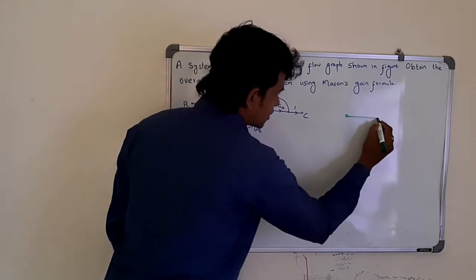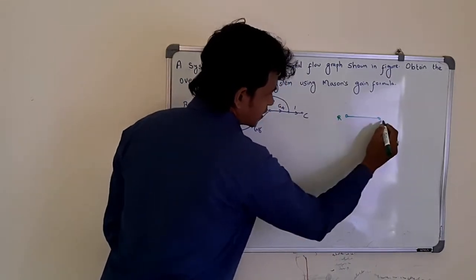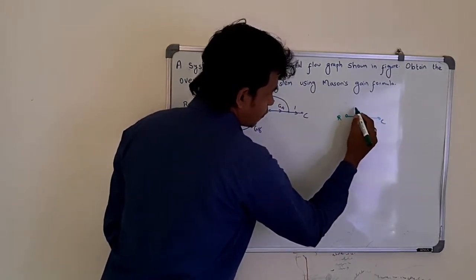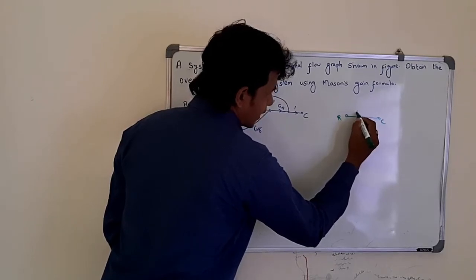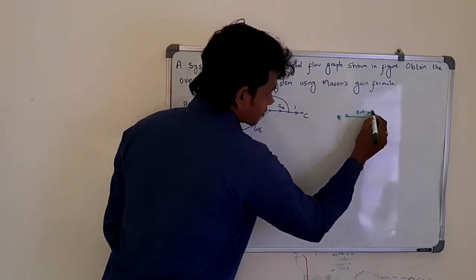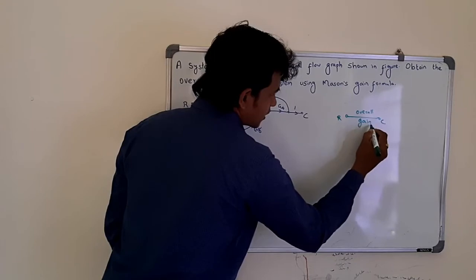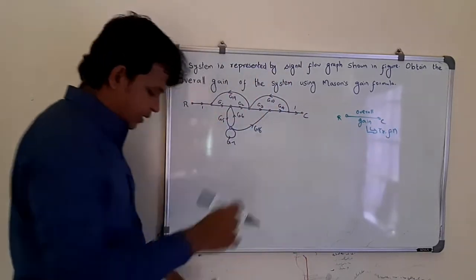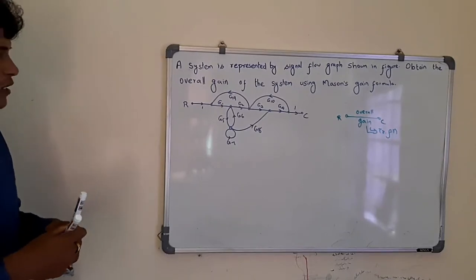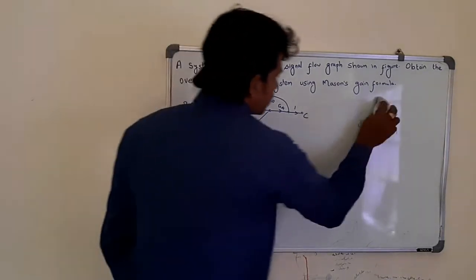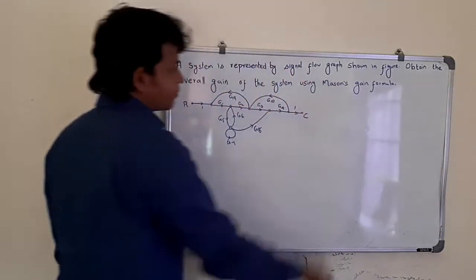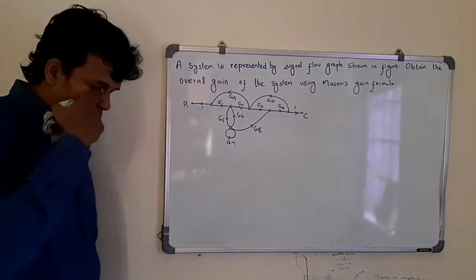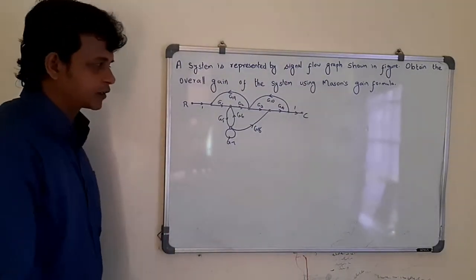Overall gain means transfer function, so you don't have to get confused. In the question it is asked as overall gain, and we can derive only the transfer function with Mason's gain formula. Overall gain means transfer function.